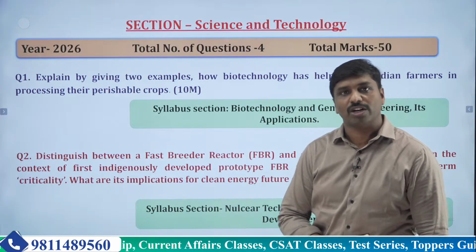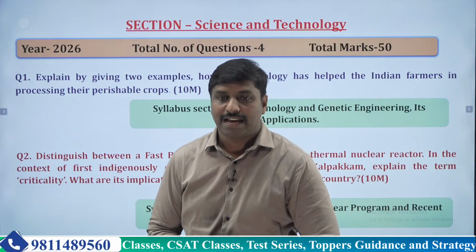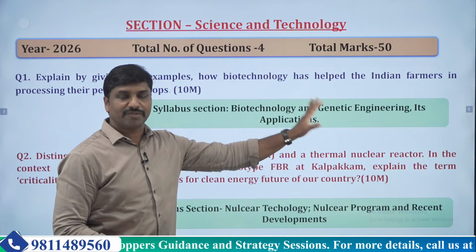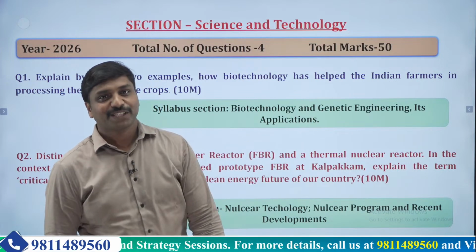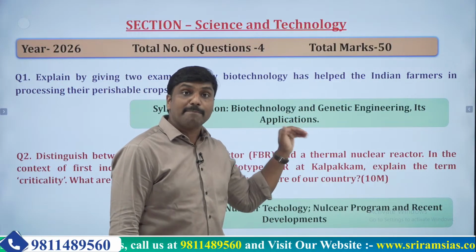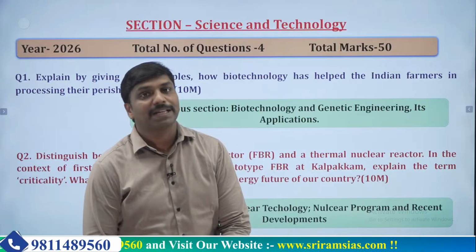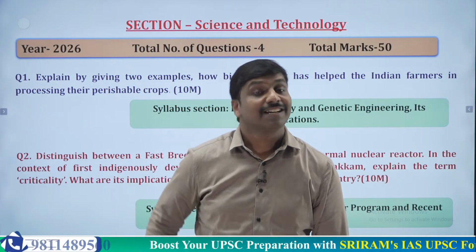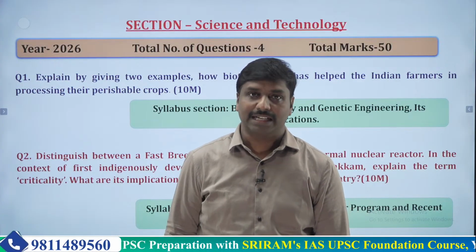This question has been picked from the biotechnology and genetic engineering section. Particularly, it talks about the applications of biotechnology or genetic engineering in the field of agriculture. This is something we should remember.